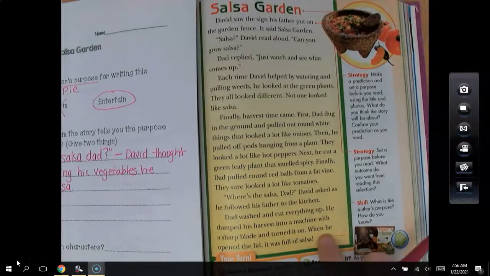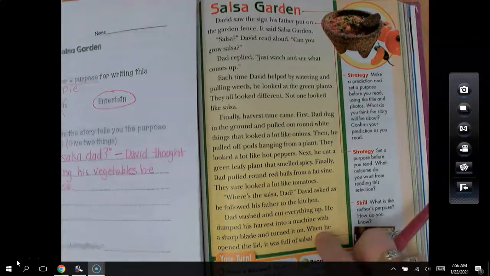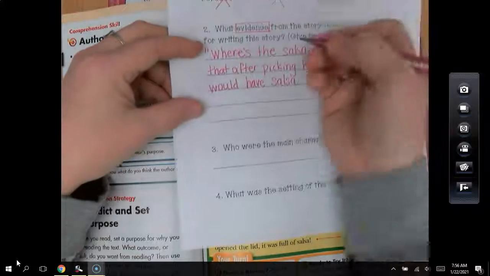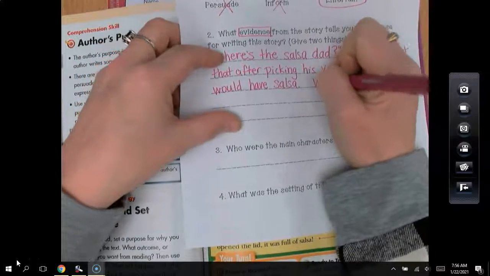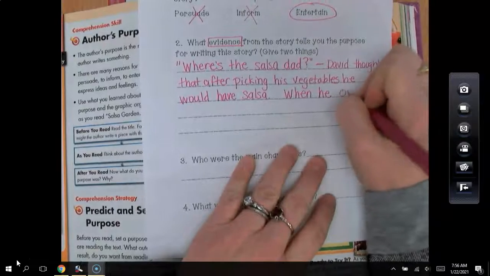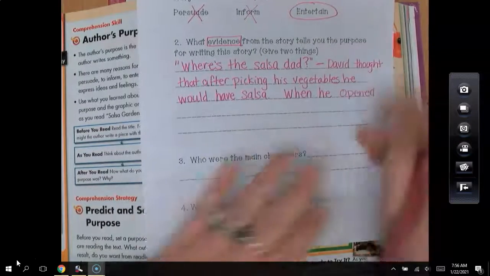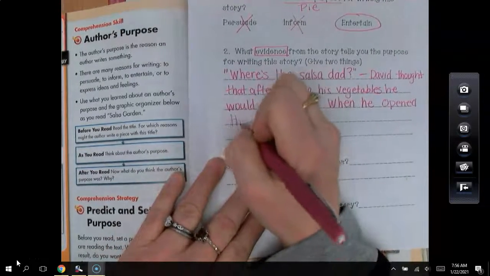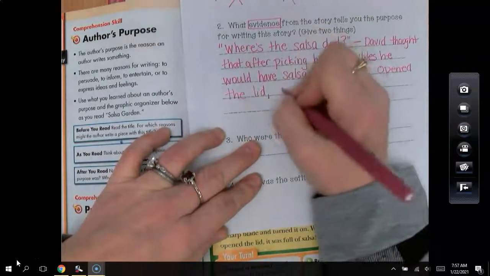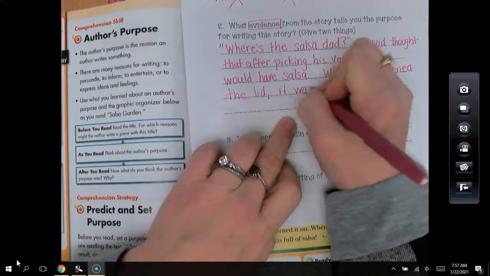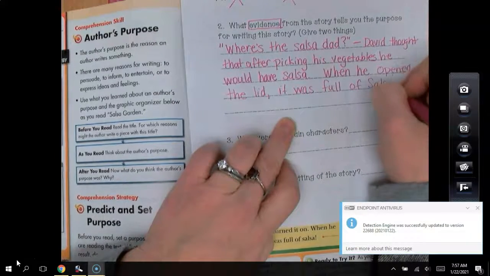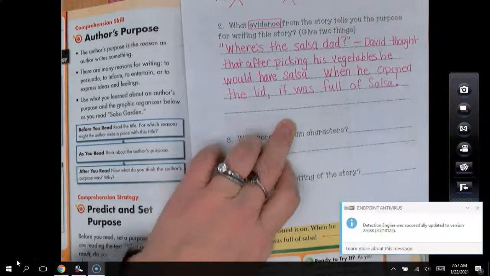Absolutely. So I'm going to put this last sentence because I like that last sentence. When he opened the lid, it was full of salsa, with that exclamation point.